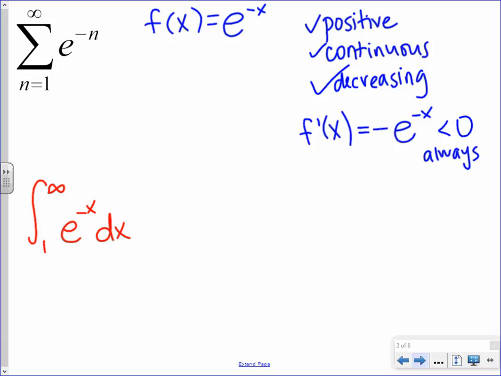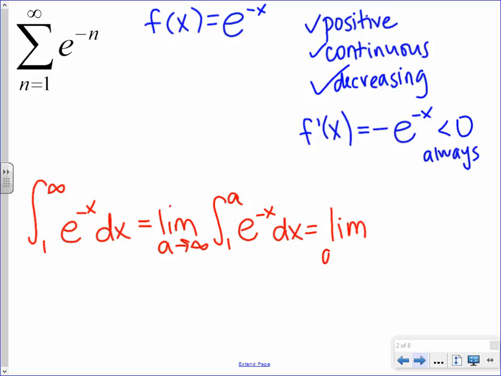Now, if you remember from way back in chapter, was it 7? When we have an infinite integral, we have to take the limit, as we'll call it a, approaches infinity, of the integral 1 to a of e to the negative x dx. Antiderivative for e to the negative x: negative e to the negative x.